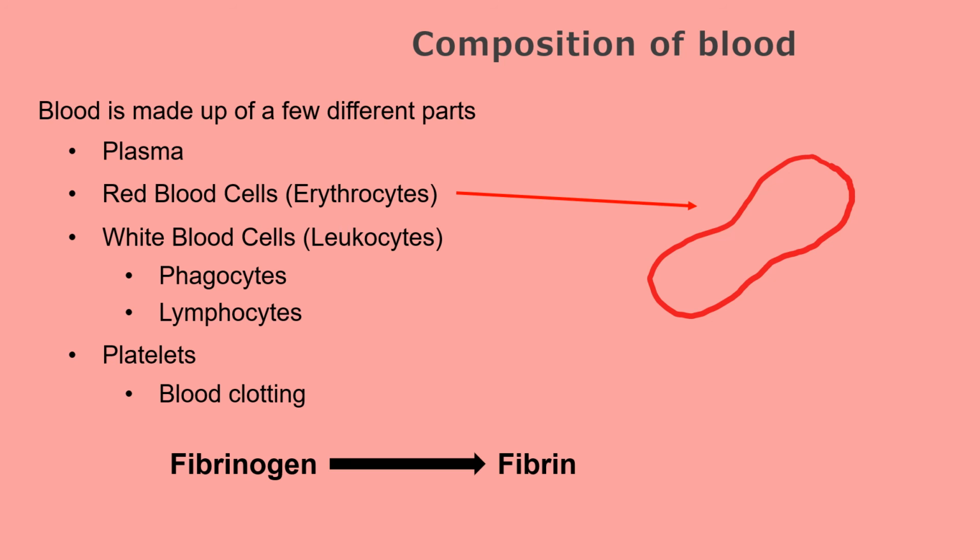That's why it's semi-solid, except when it's exposed to air. When it's exposed to air, like a cut, it starts to dry up because the water content of the plasma evaporates, and eventually it forms a solid seal, which we call a scab. And under that scab, it protects the wound, stops the pathogens from getting in, and allows the tissue to repair itself.